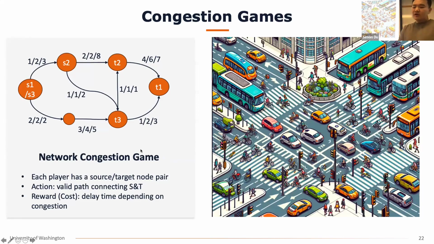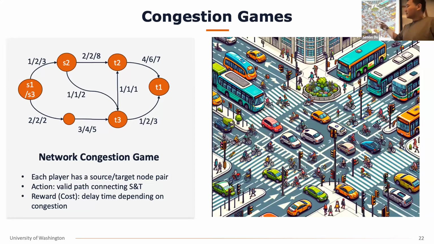So for example, for this network congestion game, you have three pieces of goods you want to send from the source to the target. Okay, so you have S1 to T1, S2 to T2, S3 to T3. And the action space of this game is the valid path connecting each source to the target.